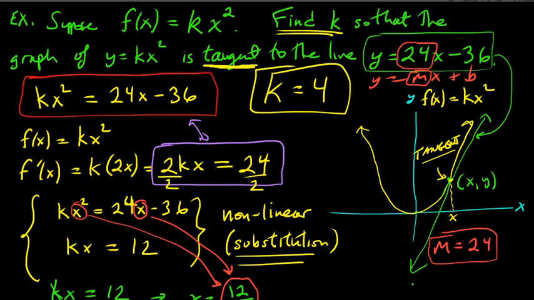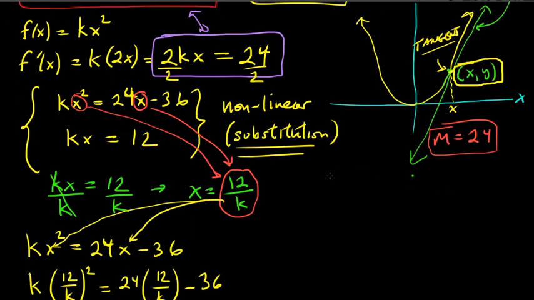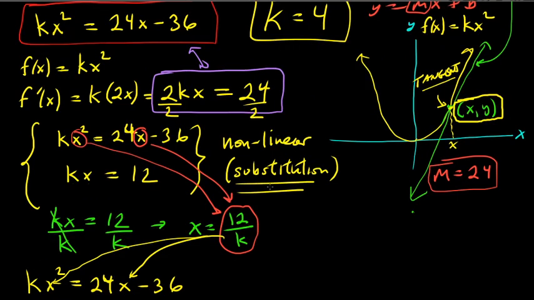Now notice, remember I said we have to find x and y. We have to find the point of intersection here. But we never did that. We can go back and do that now if we want, right? Now that we know that k is 4, what's x? Well, x is 12 over k. So 12 over 4 is just 3.